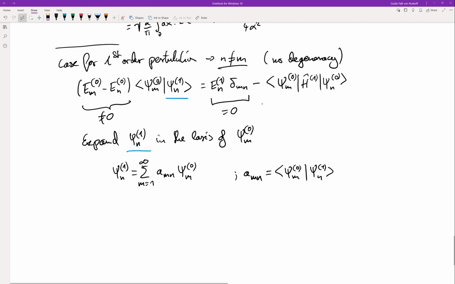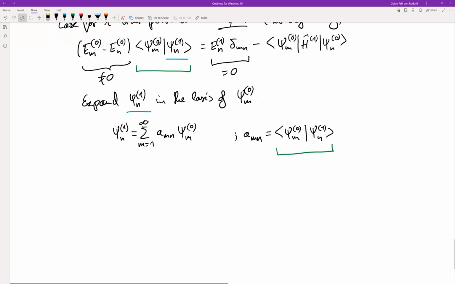Now, but now we see that this thing over here is precisely this thing. Those two expressions are the same. So let's insert that and see what we get. What we get is En of the unperturbed system, minus En of the unperturbed system, times a_mn.